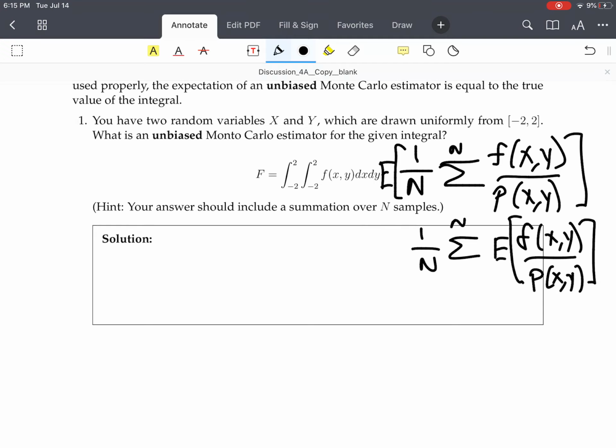Because we're summing up n of the exact same thing, the 1 over n and the summation of n are going to cancel out.